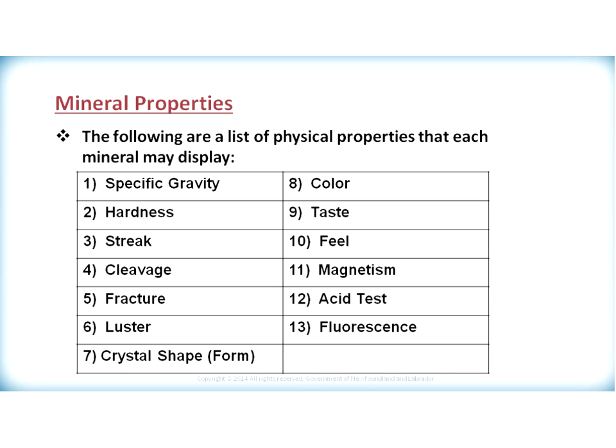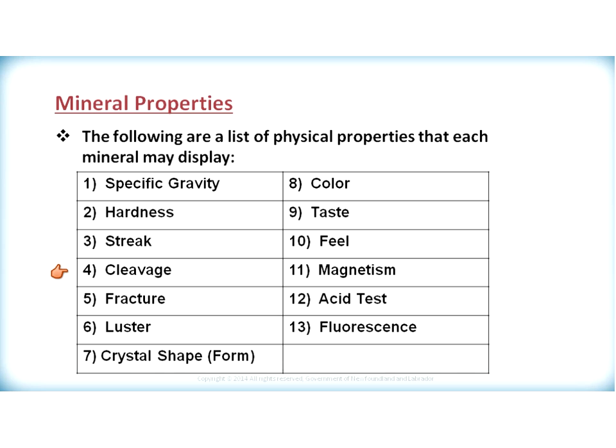The following is a list of physical properties that each mineral may display: specific gravity, hardness, streak, and cleavage. These four properties are very reliable and are commonly used when trying to identify an unknown mineral.